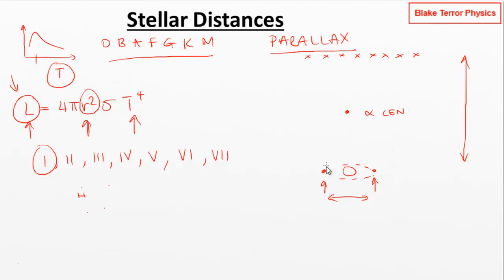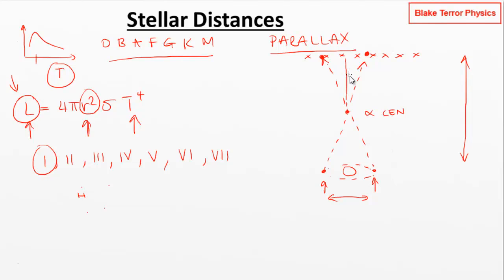So yeah, that's exaggerating things. But you can see the line of sight here is putting Alpha Centauri over here, and at the other part of the year, it's putting it over here. So for close stars, you can see this change in position relative to background stars. And we then get a distance definition off of this.